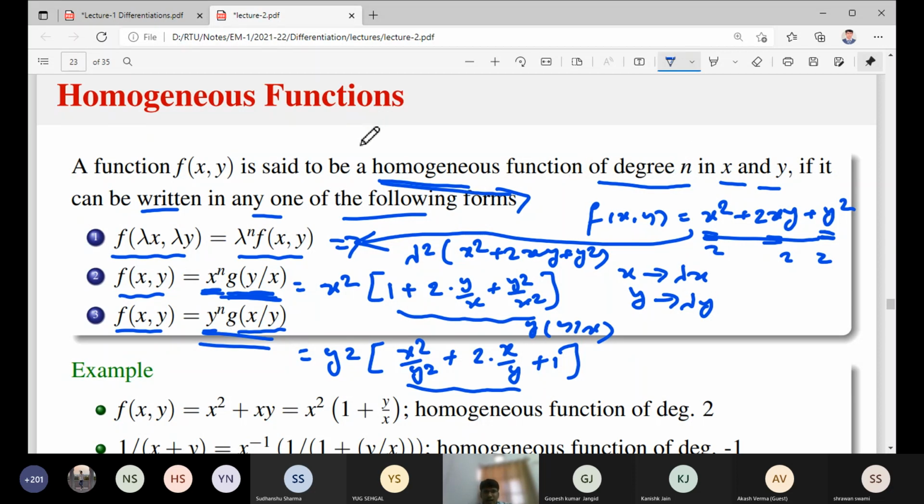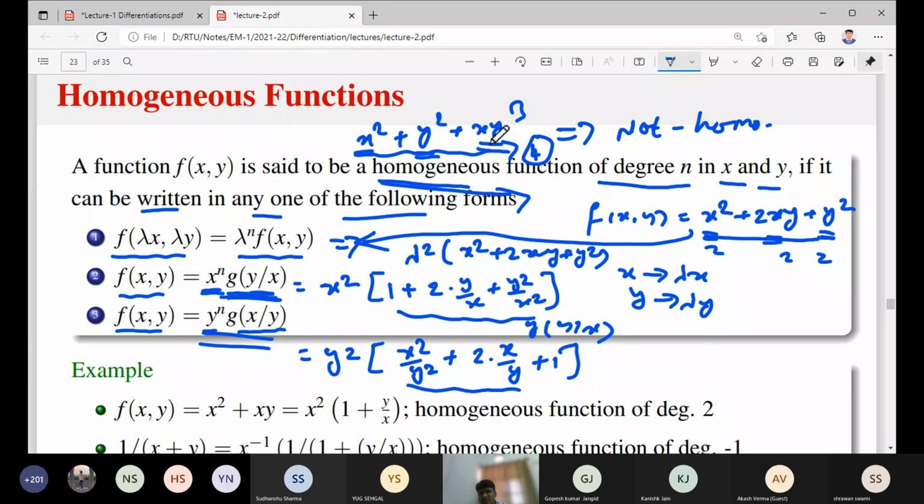For example, x square plus y square plus xy cube. Now this function is not homogeneous. Why? Because first term is of degree 2, second term is of degree 2, but our third term is of degree 4, which is different from earlier terms, right?